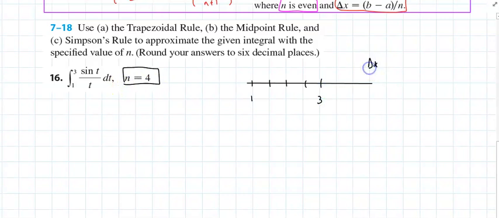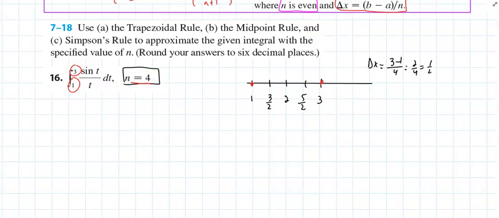So delta x is b minus a over n, that is 2 over 4, that is 1/2. So this is 1, this is 1.5, this is 2, this is 2.5, and this is 3. And pretty much I need that for all of those. This is where I begin, and this is where I terminate, and n is 4.